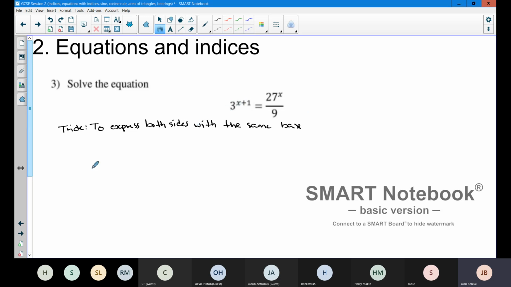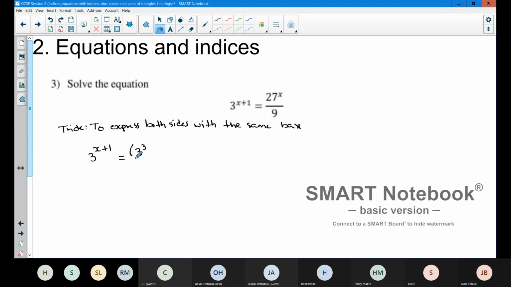Obviously the left hand side, I've got 3, so I'm just going to write it as 3 to the power x plus 1. But of course, I would like to use that very same base on the other side. So 27 is the same as 3 to the power 3.